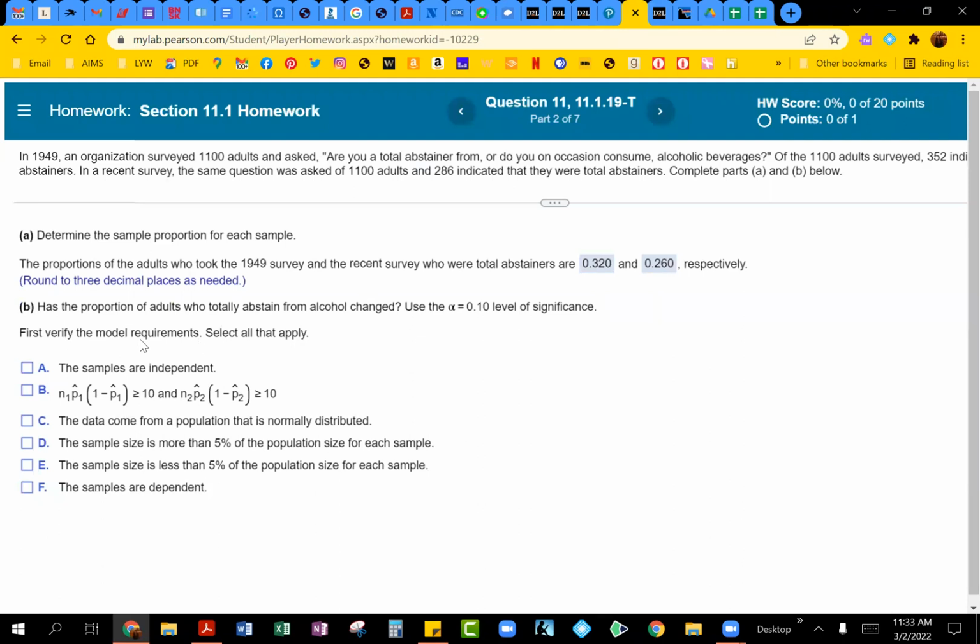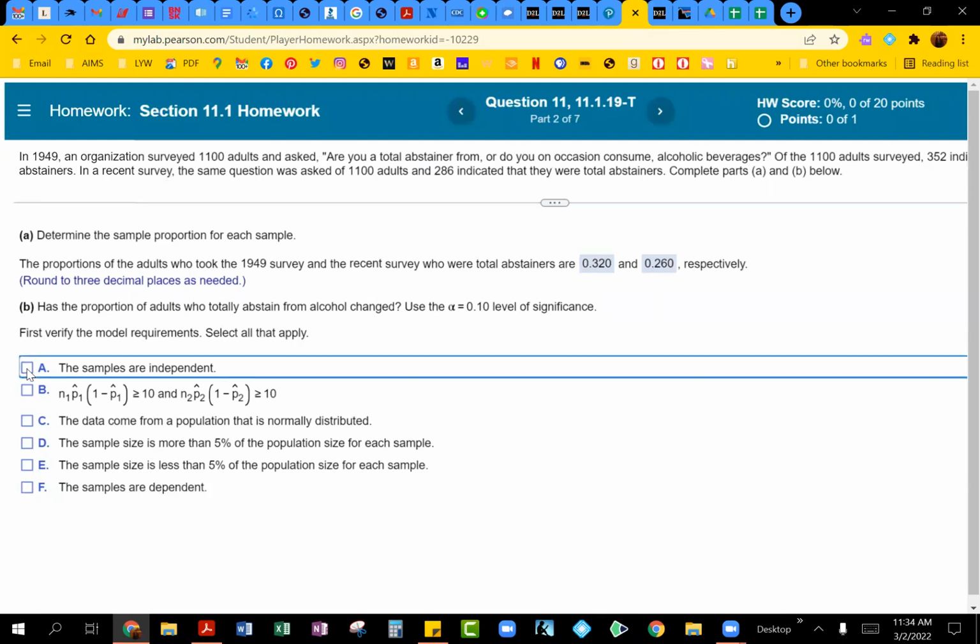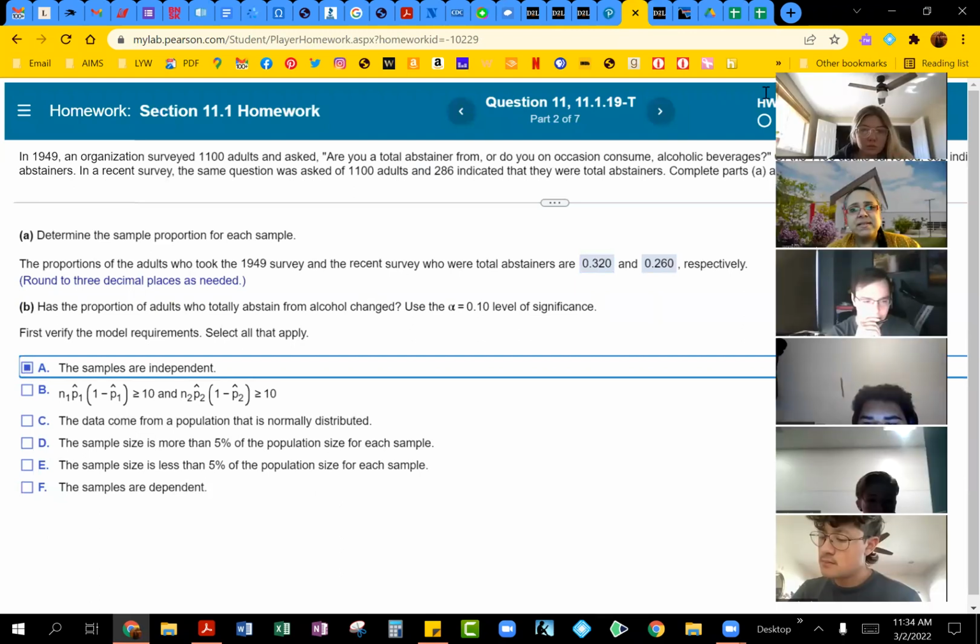But first, we have to obviously verify the model requirements. One of the first things we have to do is, in this case, we can make the assumption that our samples are independent because there's really no reason to think the same group of people from 1949 would be the ones in the recent survey. So that's an assumption we are making, that the two samples are independent.